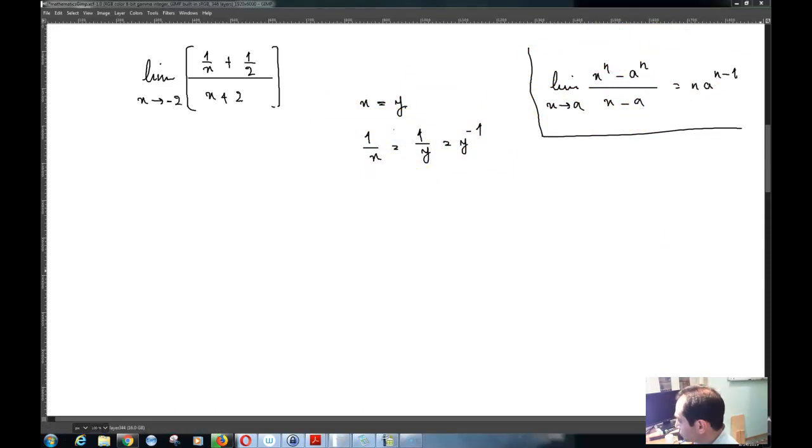So what I'm going to do is set 1 over x equal to y.